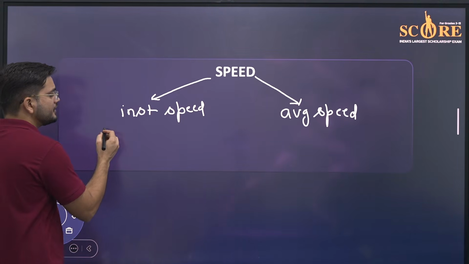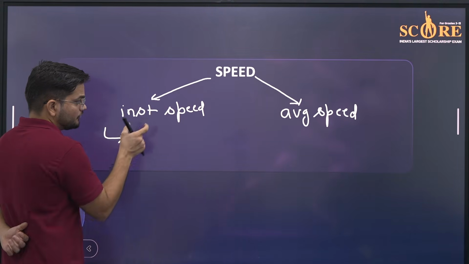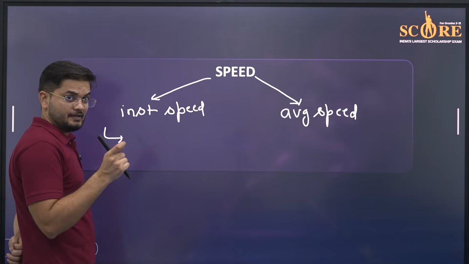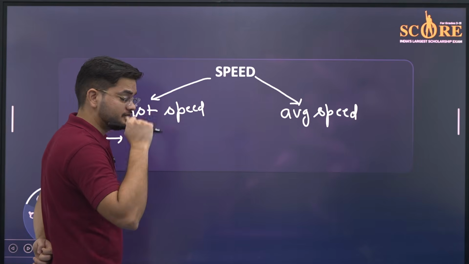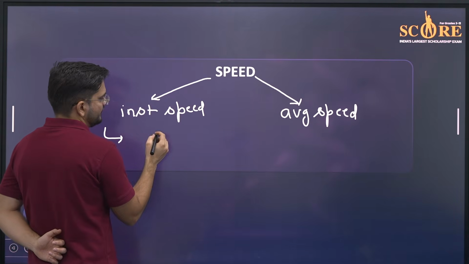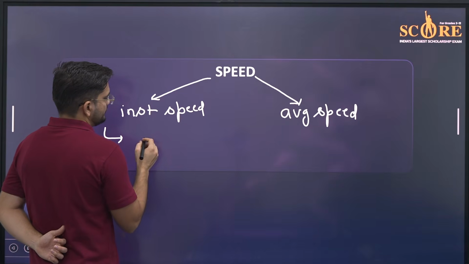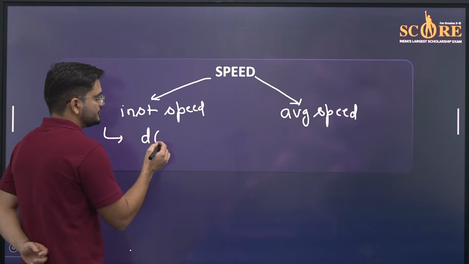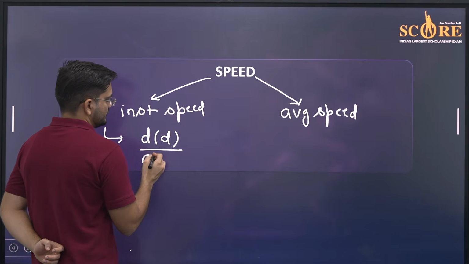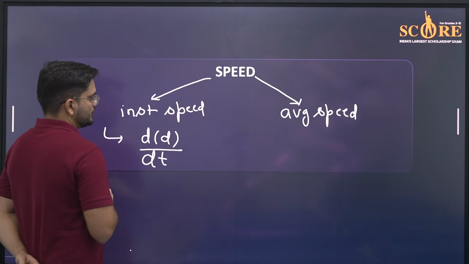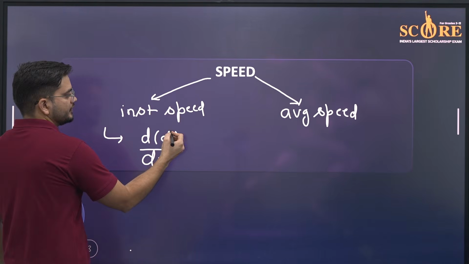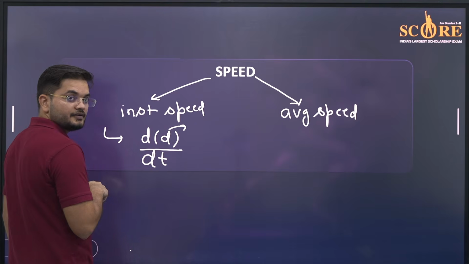What is instantaneous speed? Rate of change of distance traveled with respect to time at a particular instant. If we denote distance traveled by the symbol small d, then we can say that ds by dt represents it.